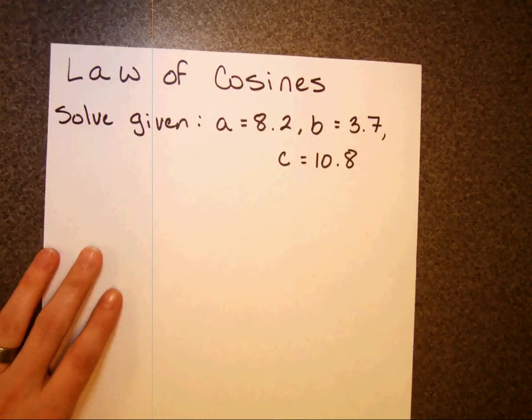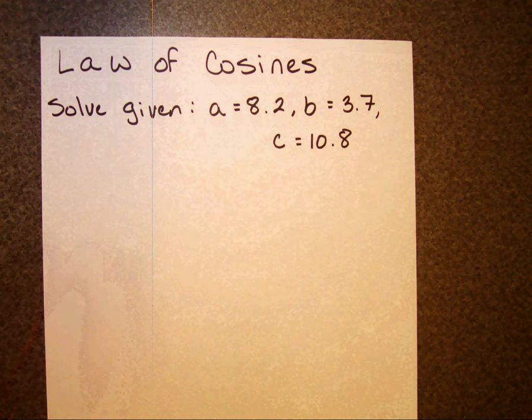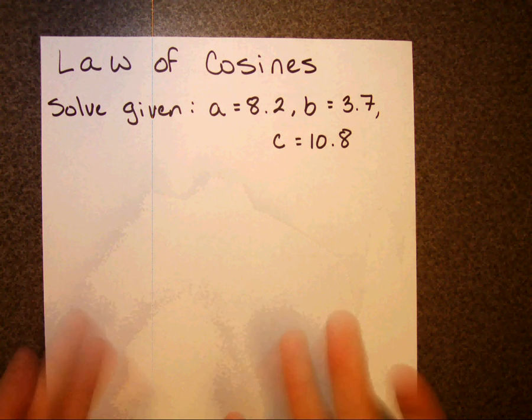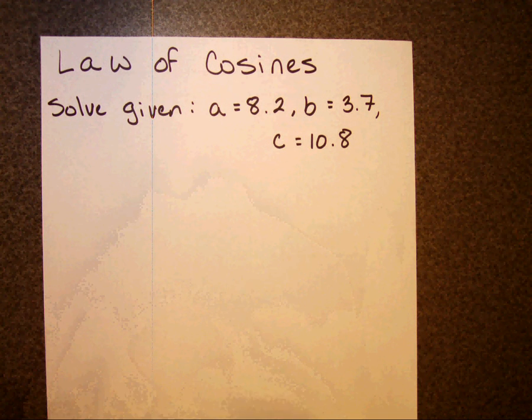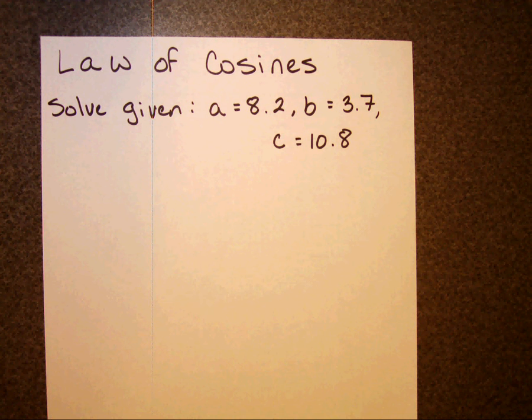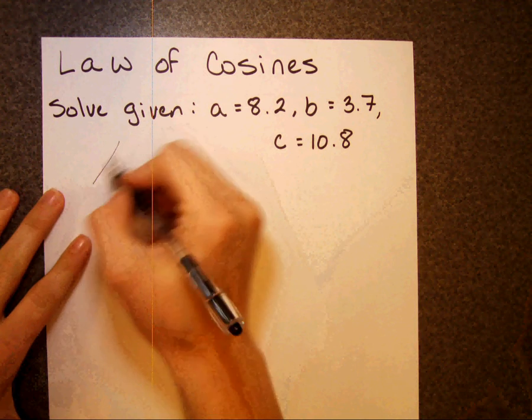Alright, so let's jump in and look at an example of this. Spoiler, I already told you it's law of cosines, but just like with law of sines, I'm not going to tell you whether to use law of cosines or sines. You have to check the information you're given first.